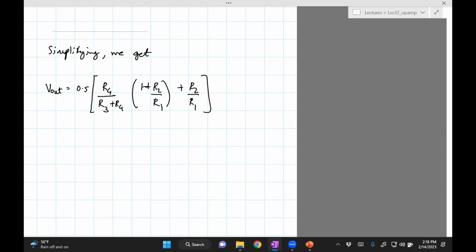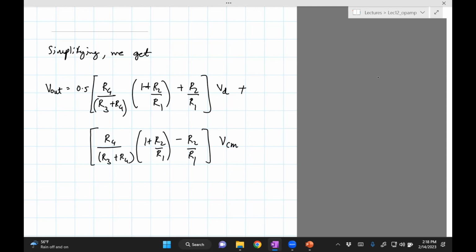All this is the coefficient of VD, the difference, and then the coefficient of the sum, the average, is R4 divided by R3 plus R4, 1 plus R2 divided by R1 minus R2 divided by R1 times VCM. Okay, so remember that VD is V2 minus V1, VCM is V1 plus V2 divided by 2.